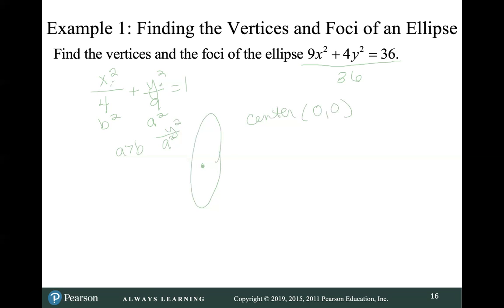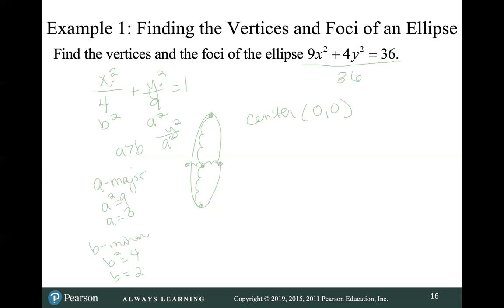Okay, a is my major axis. A squared is 9, so a is 3. B is the minor. B squared is 4, so B is 2.